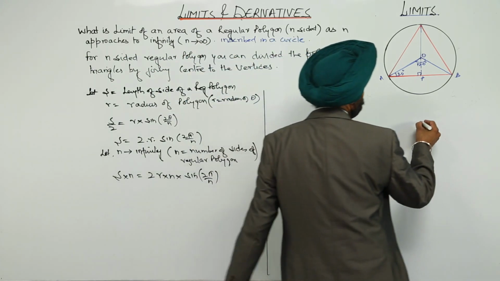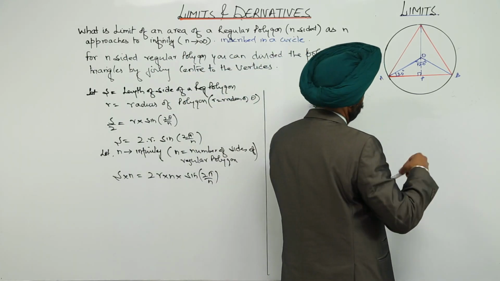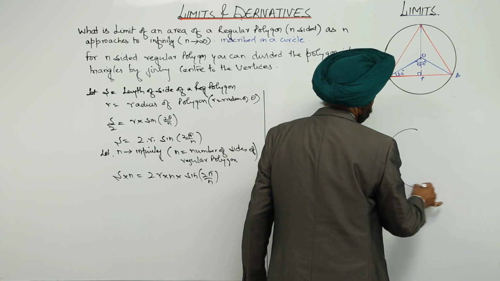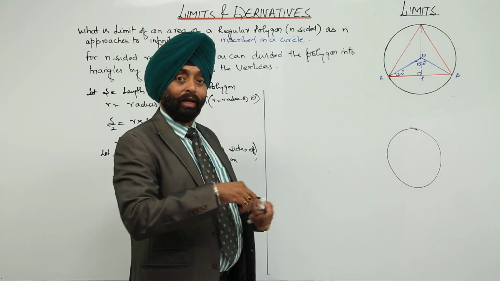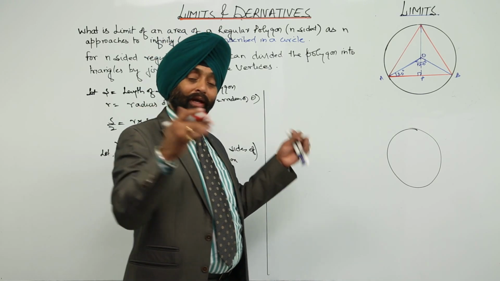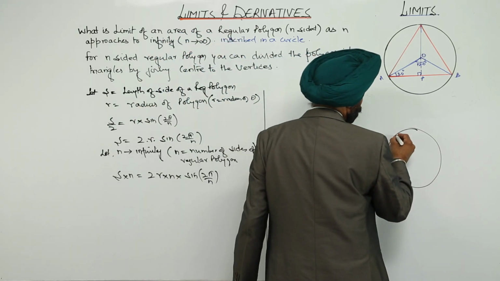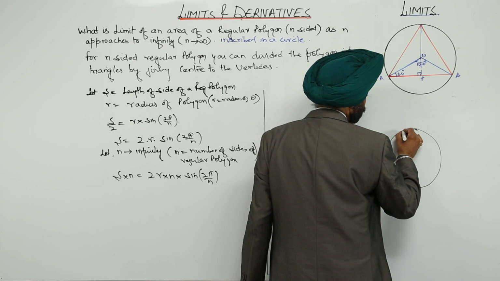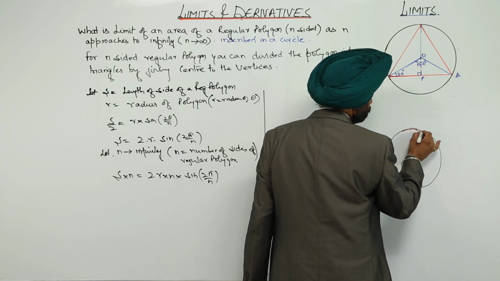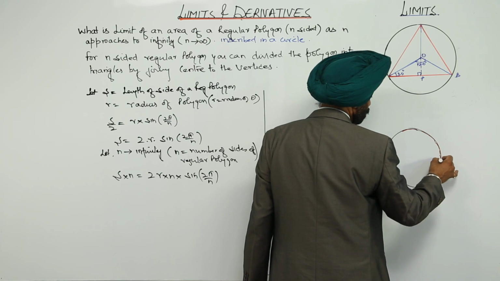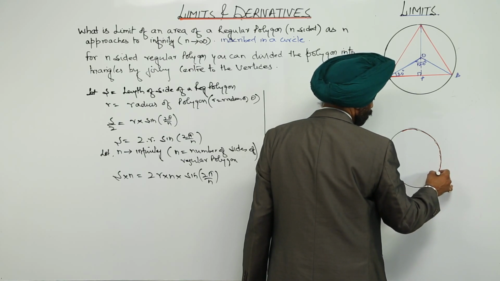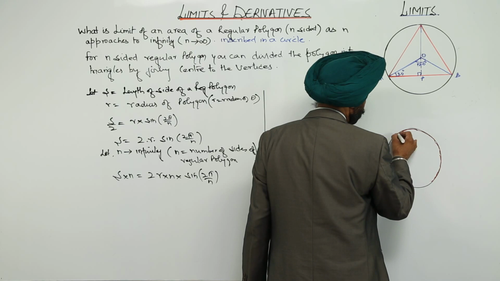Suppose now this is a circle, okay, and I have made an n-sided polygon. Now what will it be? First of all, suppose we are having a few limited points, it will be like this. Now we can just join 2 points, 2 points, 2 points like this.